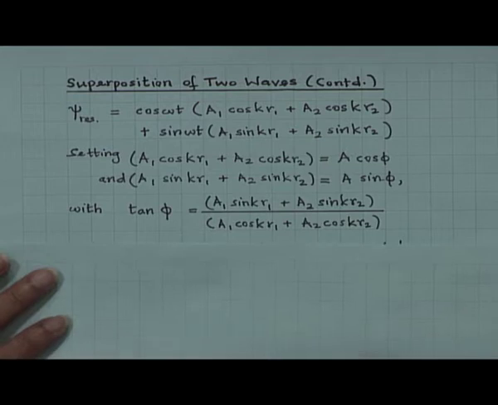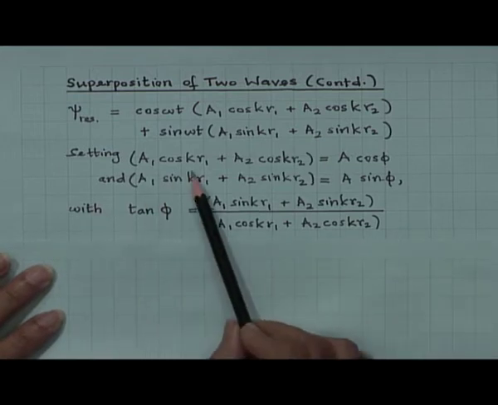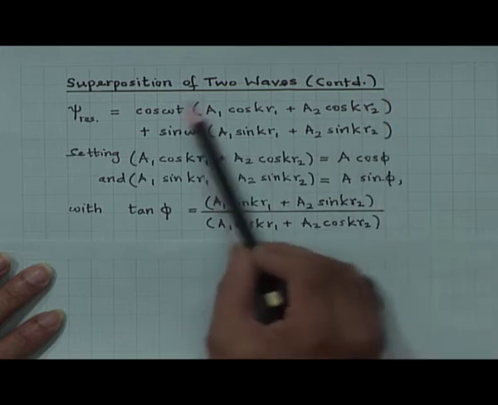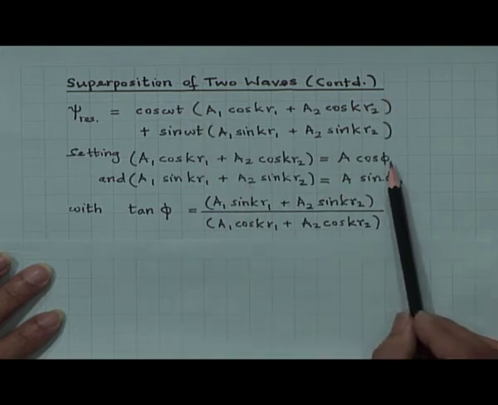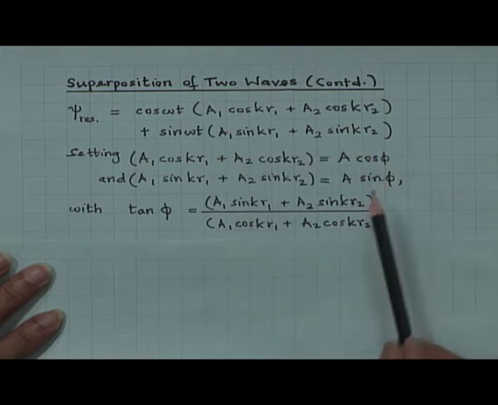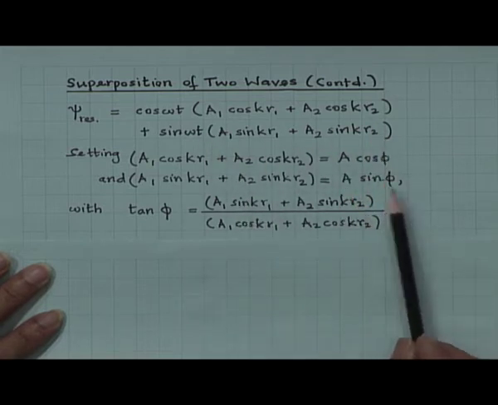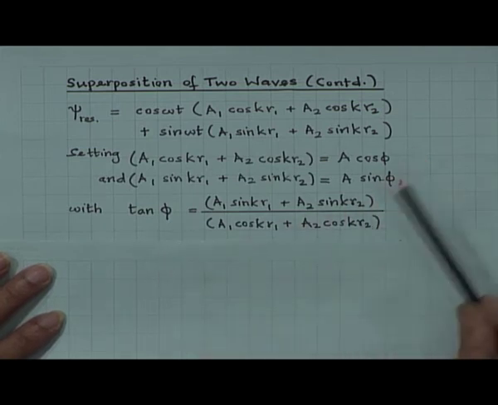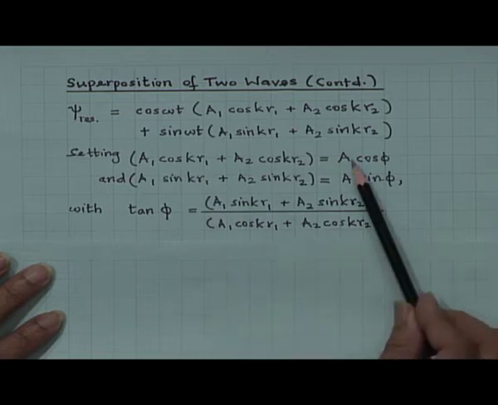Now, we set A1 cos k R1 plus A2 cos k R2 as A cos phi, and A1 sin k R1 plus A2 sin k R2 as A sin phi, where the angle phi is such that this holds good.